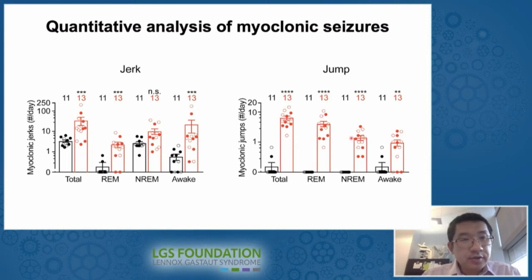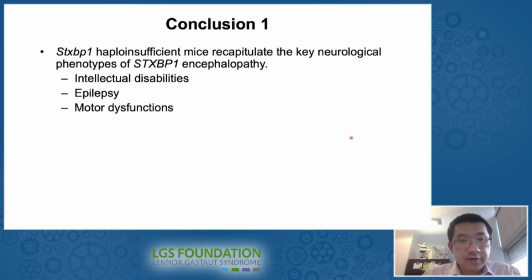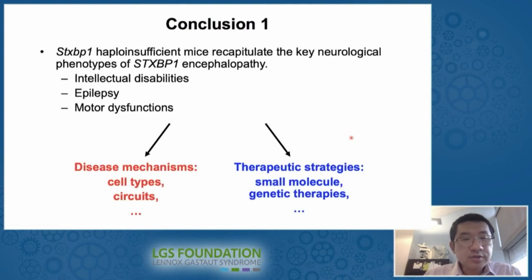So I hope so far that I have convinced you that we have created two different haploinsufficiency mouse models that can recapitulate the key neurological phenotypes of this disorder, including intellectual disability, epilepsy, and motor dysfunction. Now, with this model, the lab is working on two directions.